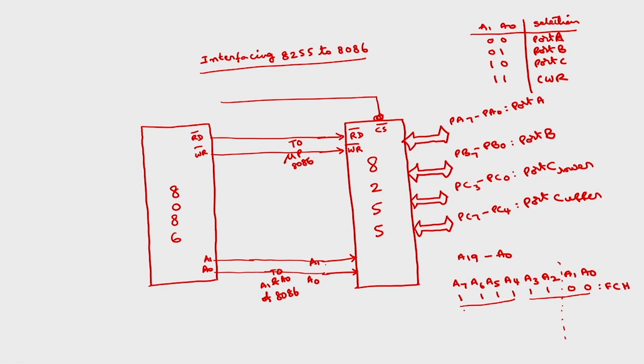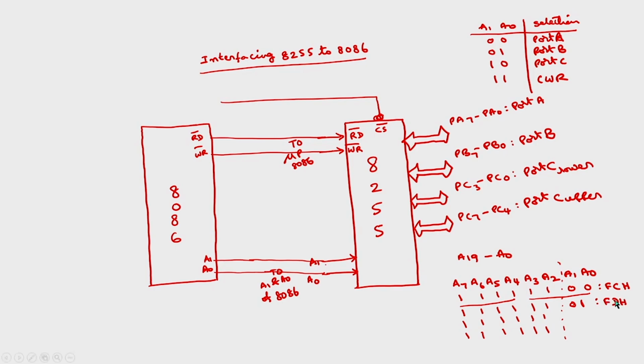And if I want to select port B, this I am going to fix for all the ports as all ones. Now, what is different is A1, A0. For 0 0 you are getting FC address, so this will be the address of port A. And for this 0 1, what will be the corresponding hexadecimal? FDH.